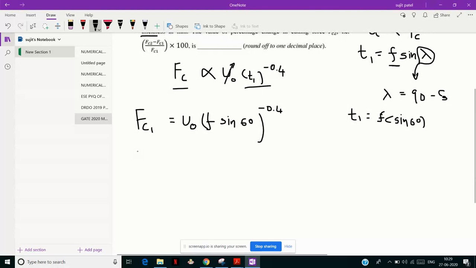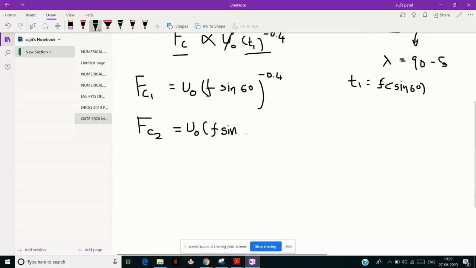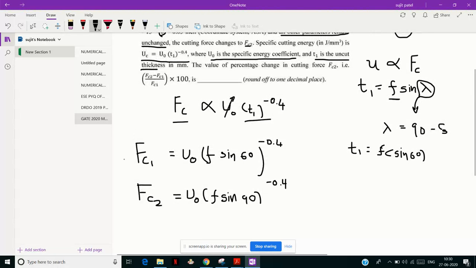And now we have changed the tool. Our new force will be u0 f sine lambda. Here the side cutting edge angle is 0, so lambda is equal to 90 minus 0, it is 90. So u0 f sine 90 raised to minus 0.4. Now we have both the forces, just put both forces in this.